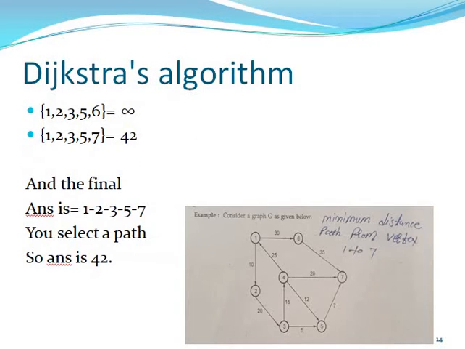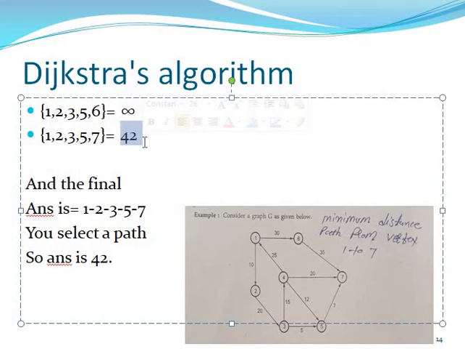Next we can go the possibility, you can check here 1, 2, 3 and 5, and then after 6, it is possible? No, because of the infinite. Then you can go 1, 2, 3, 5 and 7. It is possible? Yes. So what is the weight? Weight is 42.